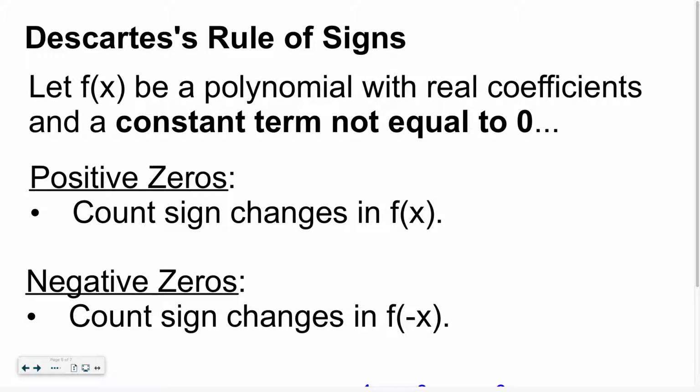One's for positive zeros and one's for negative zeros. They both involve counting sign changes. That means you're looking at the polynomial and going from term to term to see if it goes from positive to negative or negative to positive. So you're just counting how many times it switches like that.